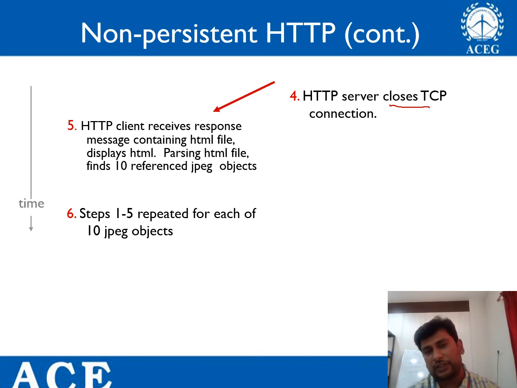Once the TCP connection is made by the client to the server and the server accepts, the client sends the request for the object, the server responds with the required object, and once the client receives it, it will display it and the connection will be closed. For the next objects, all the 5 steps which we have seen have to be repeated.